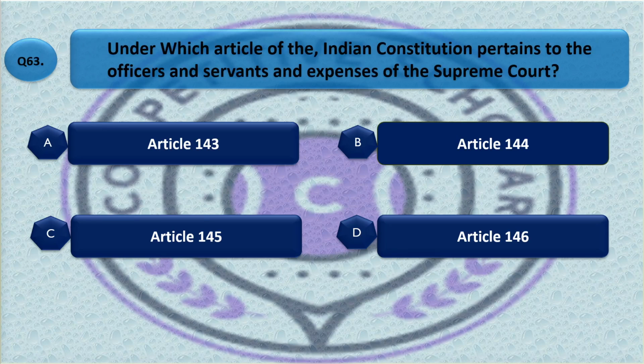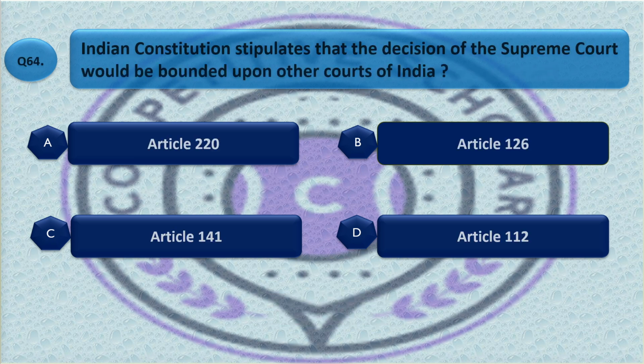Question number 63. Under which article of the Indian Constitution pertains to the officers and servants and expenses of the Supreme Court? Option A, Article 143. Option B, Article 144. Option C, Article 145. Option D, Article 146. So the answer is option D. Question number 64.